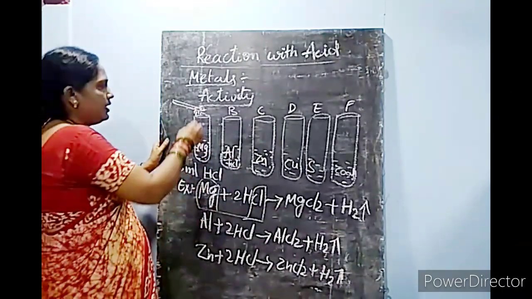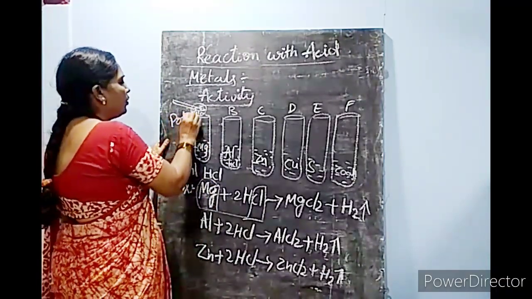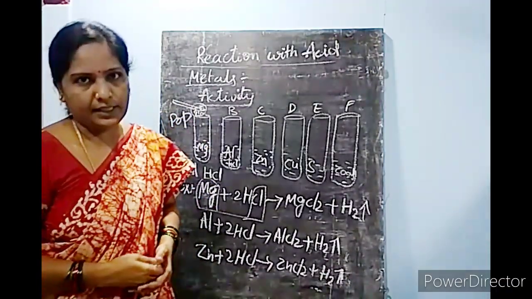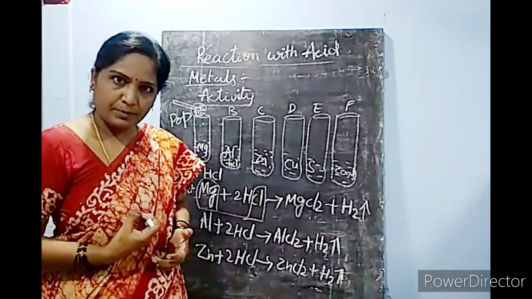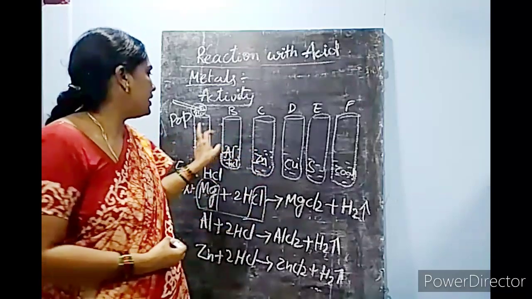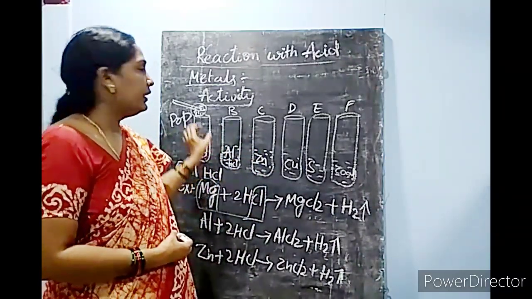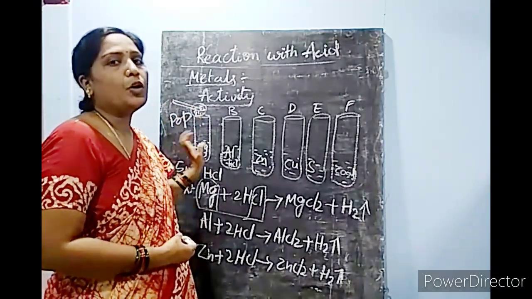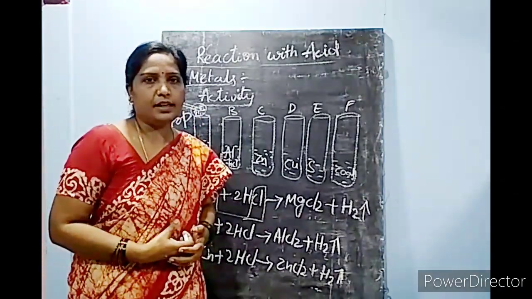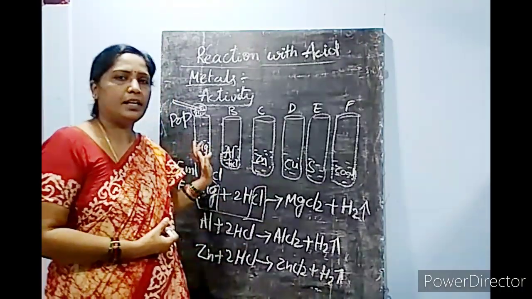You can see this burning matchstick gives a pop sound with brilliant light. This pop sound comes because of the hydrogen gas which is released by the reaction of metal and acid. The brilliant light and the pop sound tell us that hydrogen gas is released from this reaction.